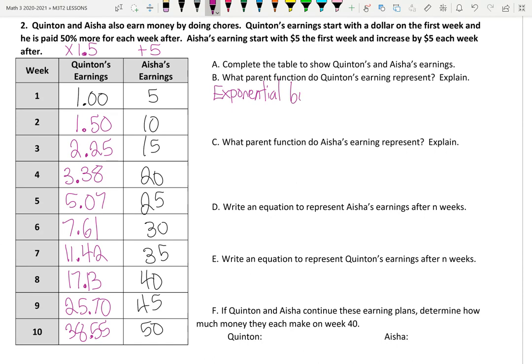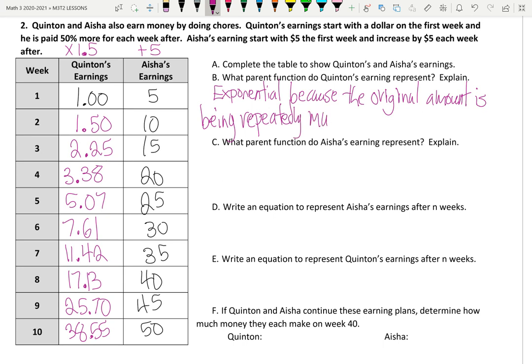Because the original amount is being repeatedly multiplied by 1.5.